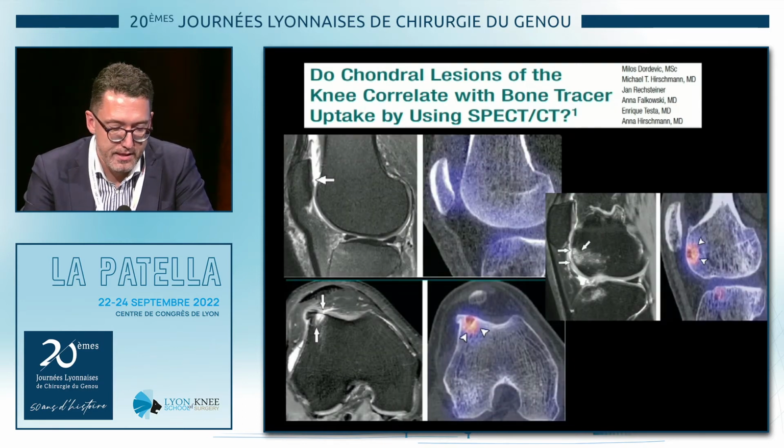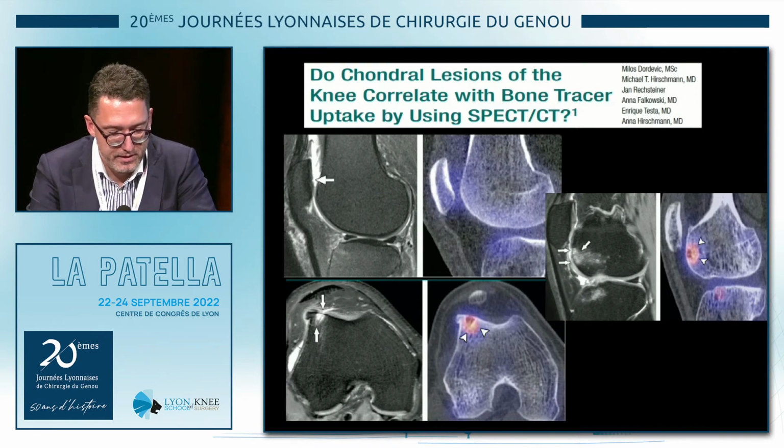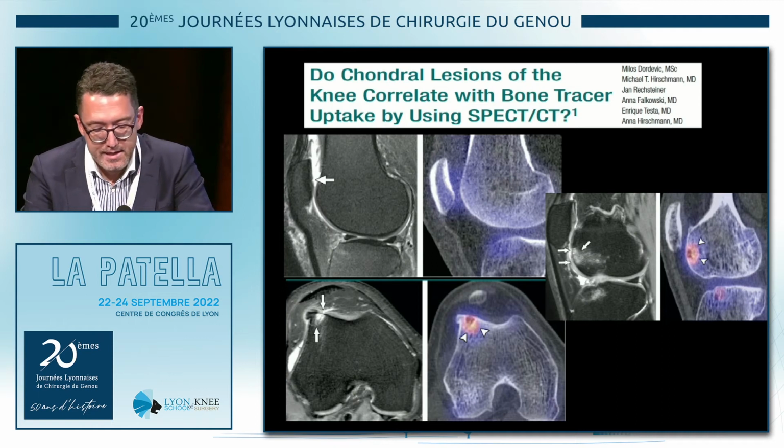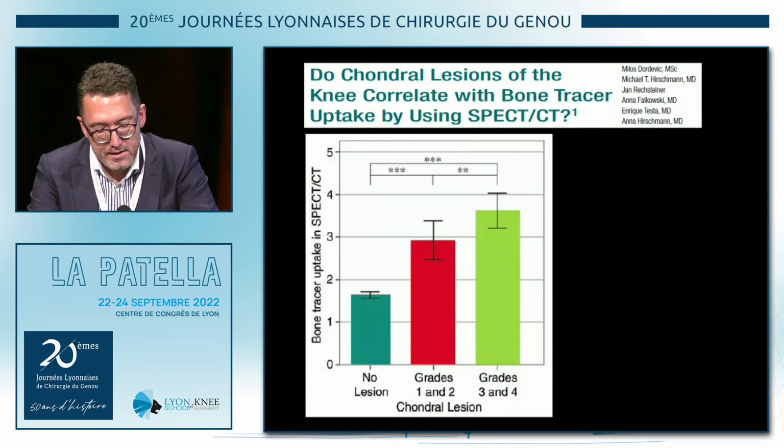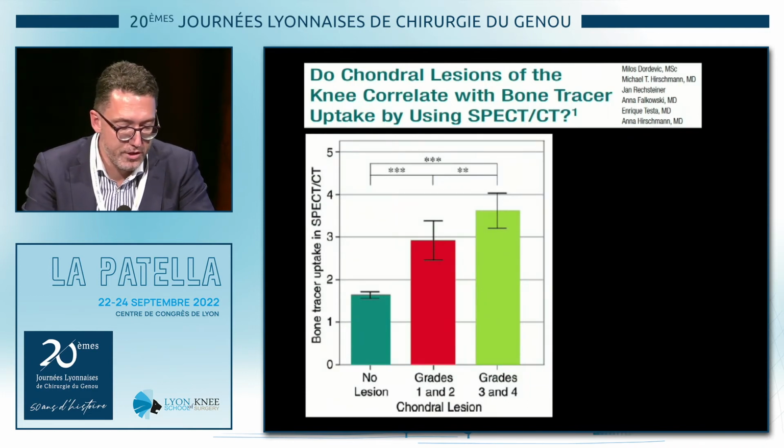And we compared the MRI with the BTU patterns in the SPECT-CT here. And you see there are different informations you get. Sometimes you have bone marrow edema, sometimes you have uptake, and it's not that in all cases this matches perfectly. I think this is important knowledge to gain, because you have to understand that in cartilage lesions grade 1, you don't have any BTU.